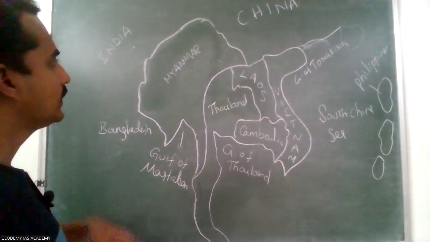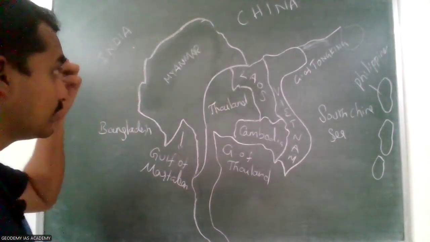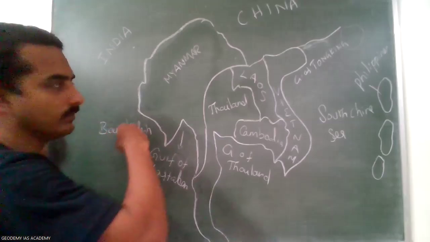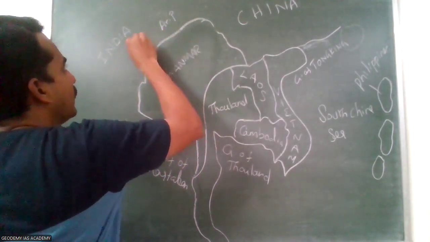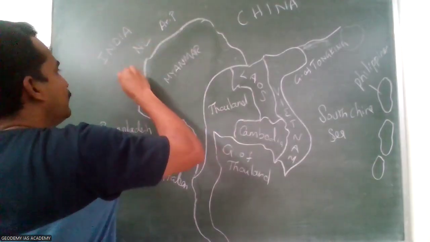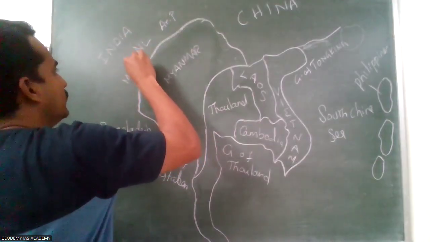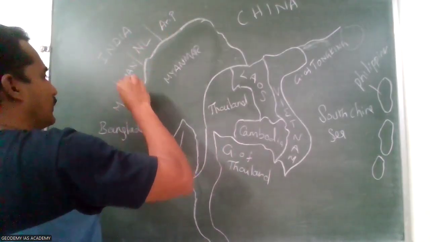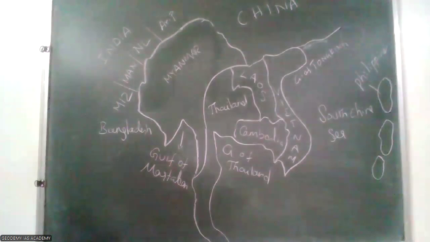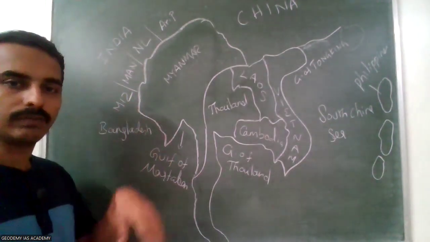Okay. Here the Myanmar country has the boundary with the Indian states, Arunachal Pradesh, here, Nagaland, Manipur, and Mizoram. Okay. Tripura has boundary with Bangladesh only.